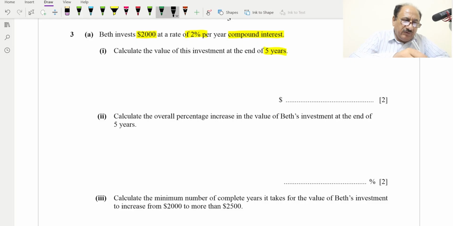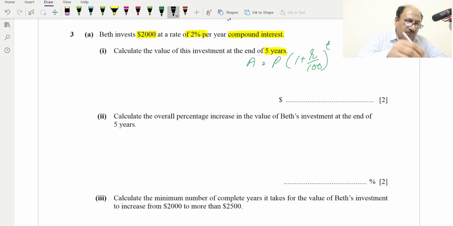So I will write the formula for the compound interest. You should know the formula. A, the amount, is equal to principal amount times 1 plus r over 100. I will write on this side so that you can see properly. A = P × (1 + R/100)^T, where T is the time duration.